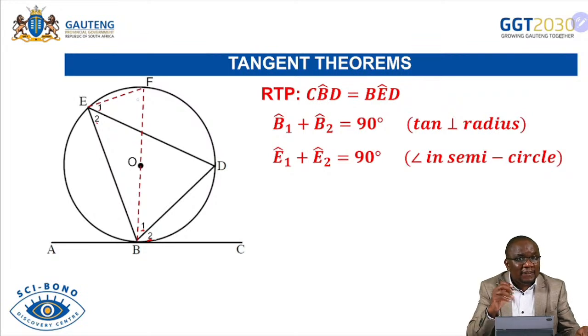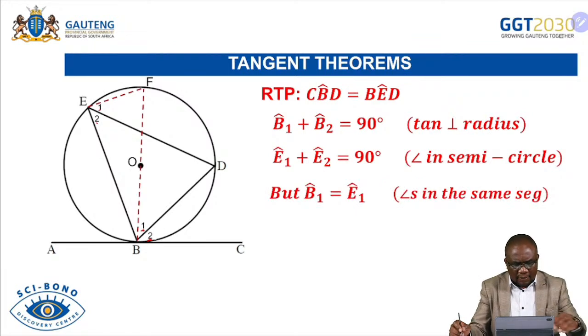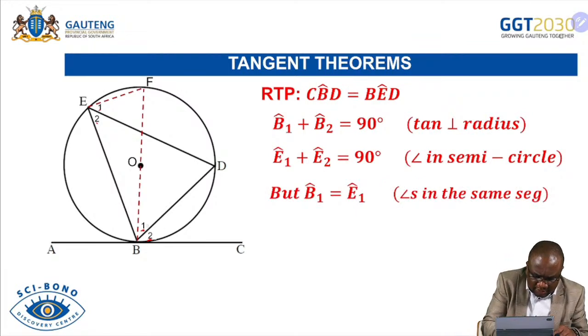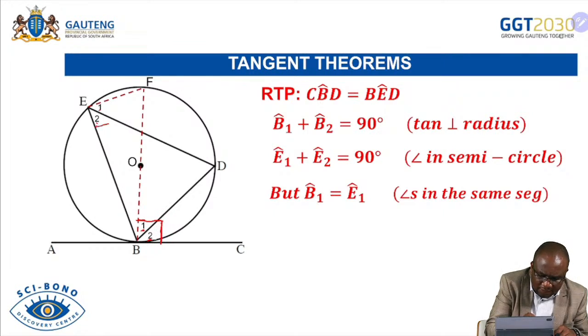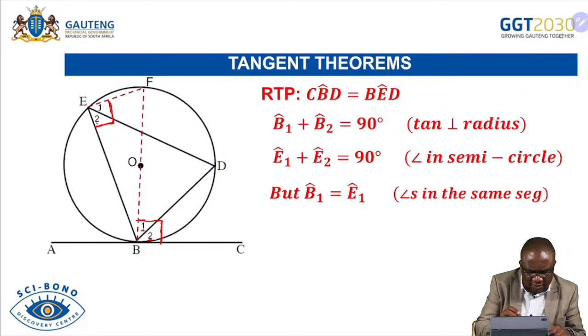Subtended by diameter. So these two are 90 degrees. So, okay. Let me show you. I didn't do animation here. This one is 90. And then this one is 90. Okay, do you see that?